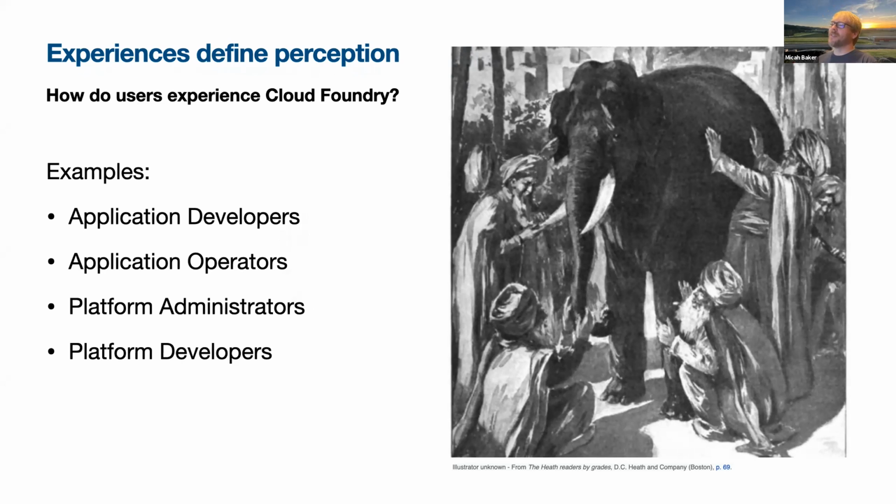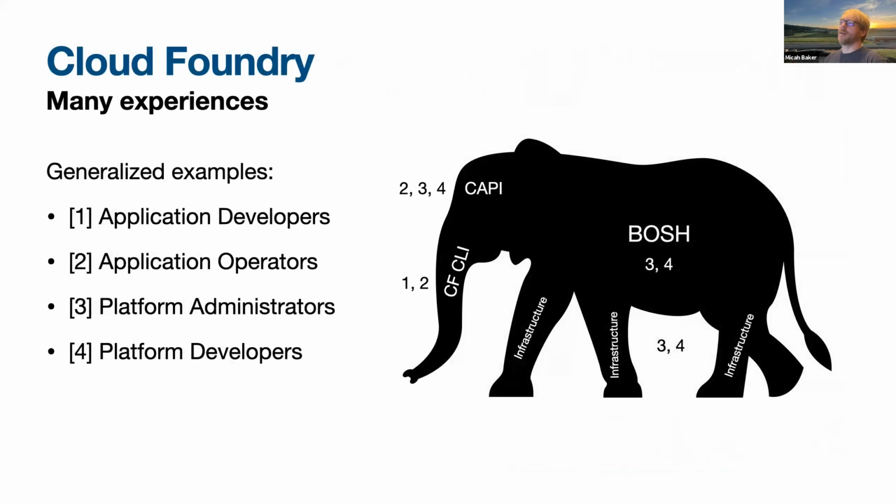So when you think about the different personas or users of the Cloud Foundry stack, we can think of Cloud Foundry as part of this elephant, if you will. And they'll interact with different parts of it.